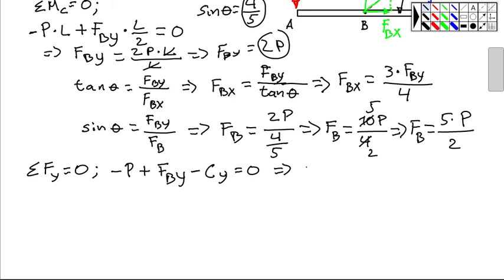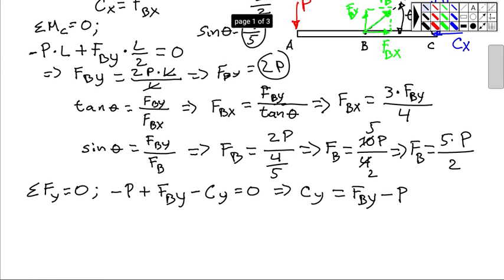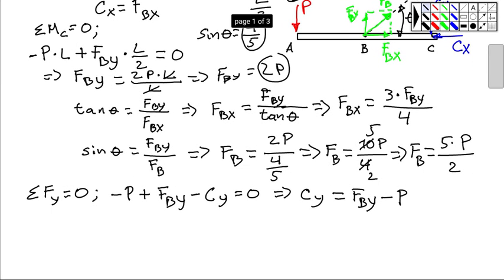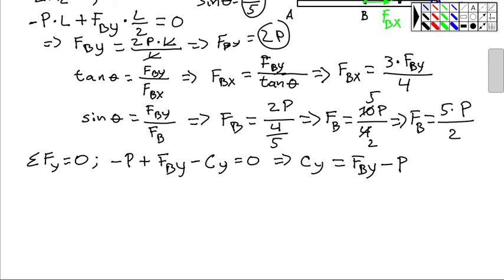Then we have Cy is equal to Fby minus P. Well, we know that Fby is equal to 2 times P, and we can find that Cy is equal to 2 times P minus P, which yields Cy is equal to P.